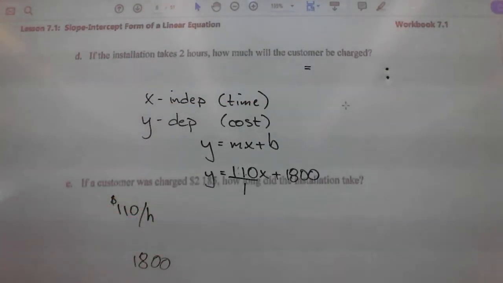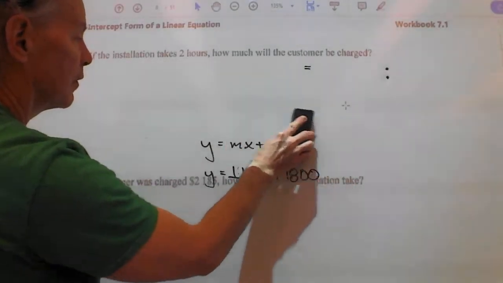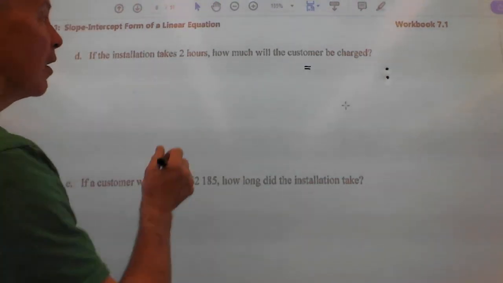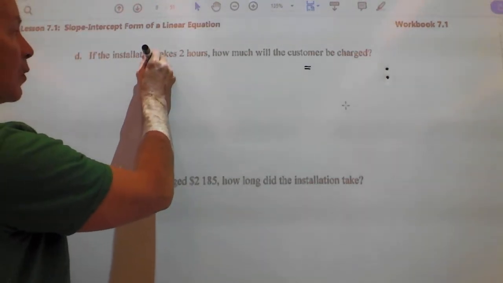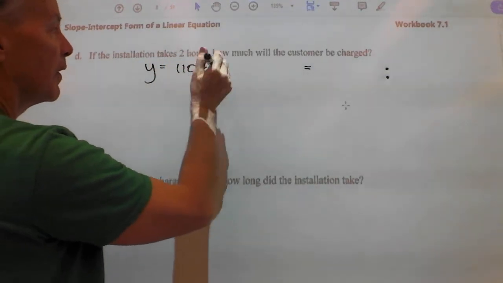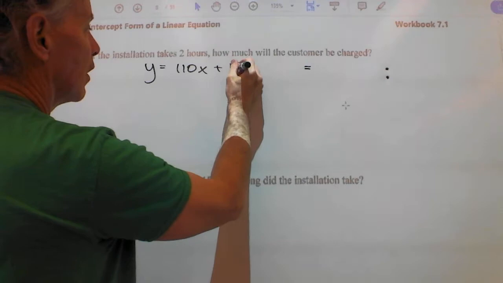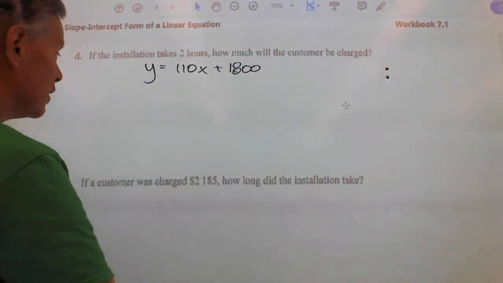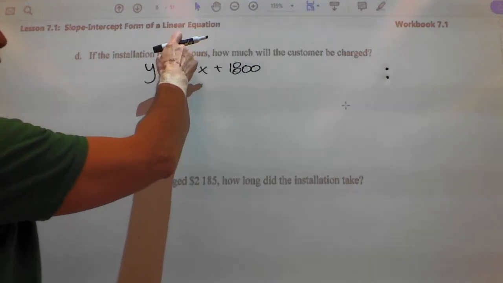If the installation takes 2 hours, how much will the customer be charged? Well, let's erase this. So again, our equation is the total cost, y, equals 110 times the number of hours plus the cost of the heater. There's our equation. They're telling us it takes 2 hours.